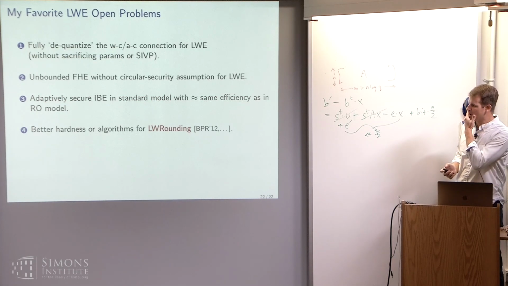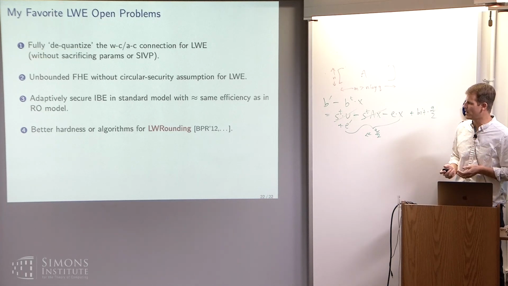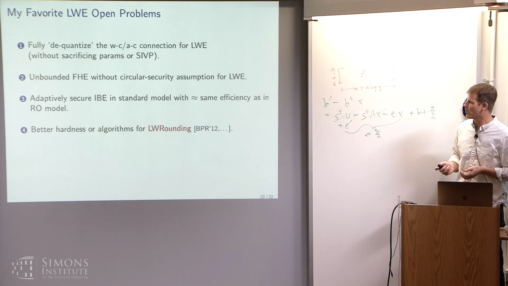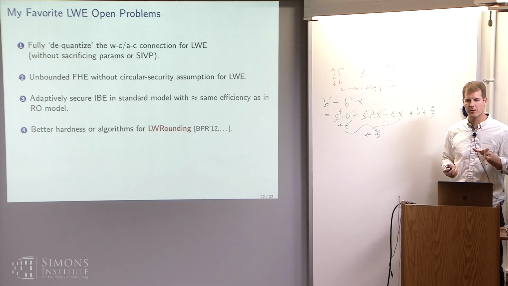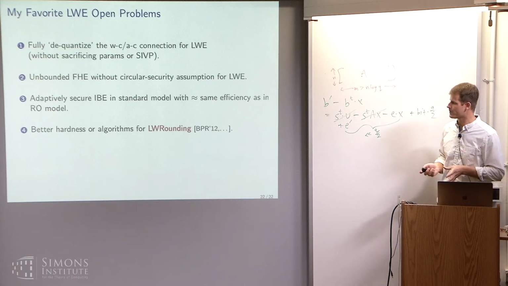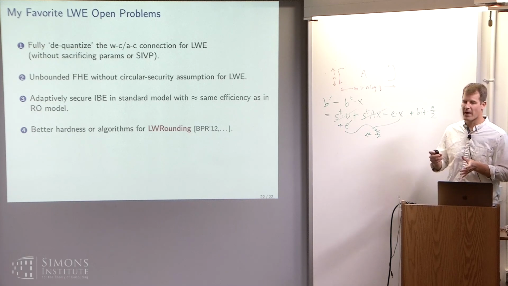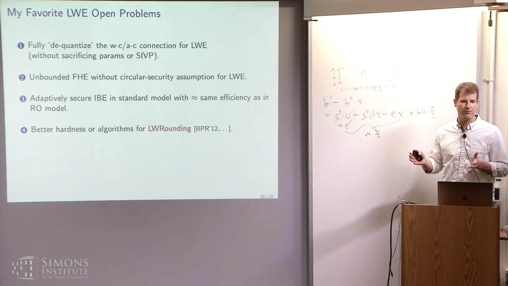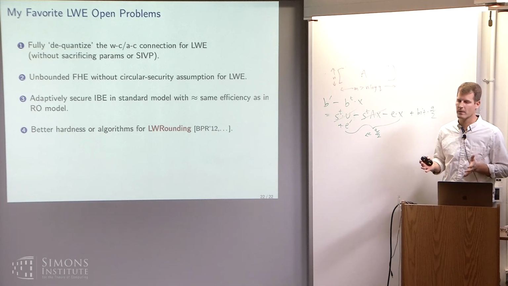And then a 4th problem has to do with something I didn't even define, but it's a nice question, I think. So there's LWE, and then there's something called LWR. The R stands for rounding. And the idea is, instead of adding random Gaussian errors, you just round off. Round off to the nearest multiple of 10 or something like that. So it's a way of making the errors deterministic.